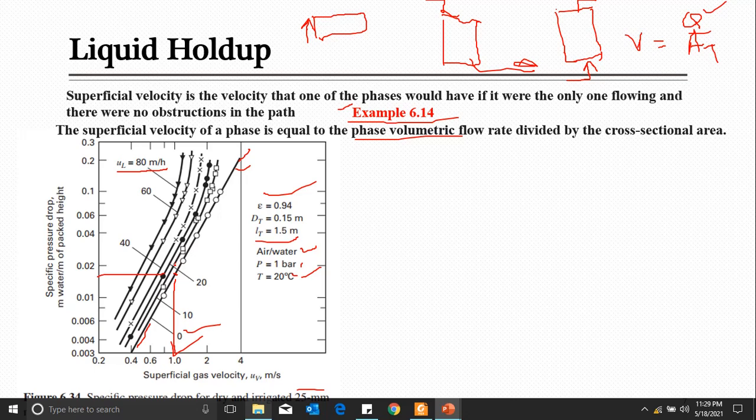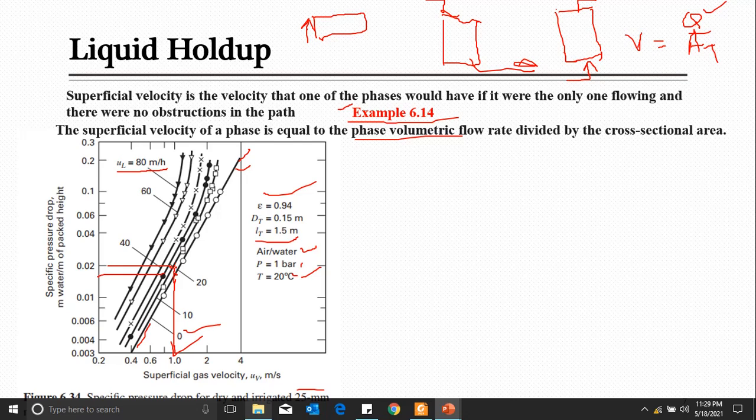If you match this point with the 1 meter per second superficial gas velocity line, I observe that the pressure drop has increased compared to the initial condition of the dry system, when there was no liquid. Pressure drop was less then, compared to this case in which we introduced a small amount of liquid, a velocity of 10 meter per hour, and the pressure drop has increased.